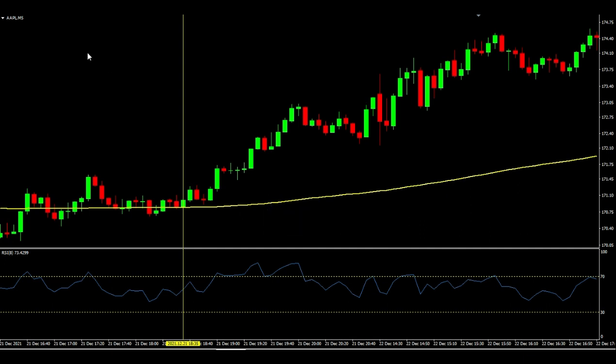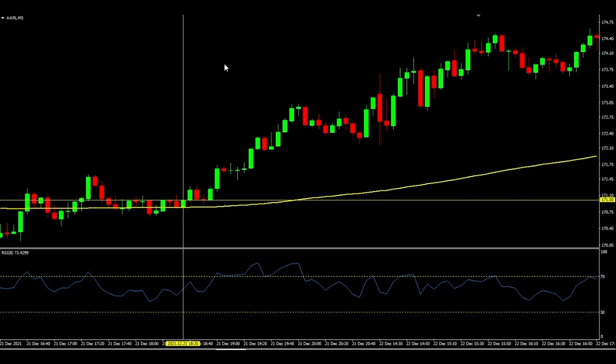Once we get the signal that the candles are above the 200 period moving average, we place an order at the open of the next candle, this candle. Now where are we going to place the stop loss?